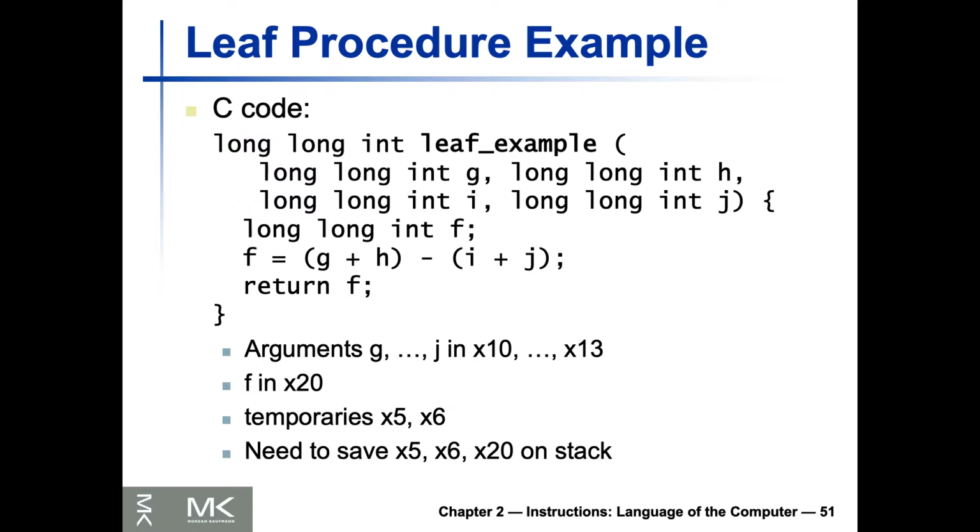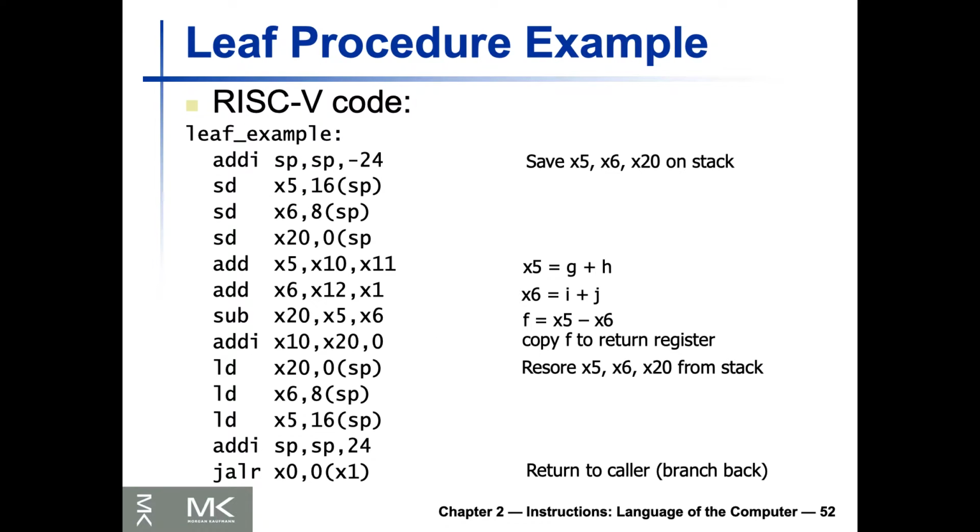So if you translate this code in RISC-V, you're going to see the following. So that's my leaf example. That's the procedure I'm doing. I'm starting line by line to make sure you get the idea here. All right.